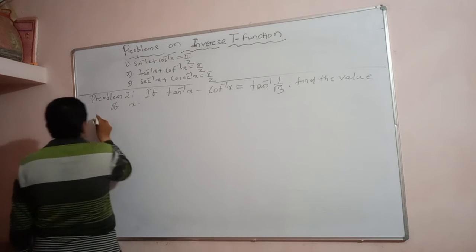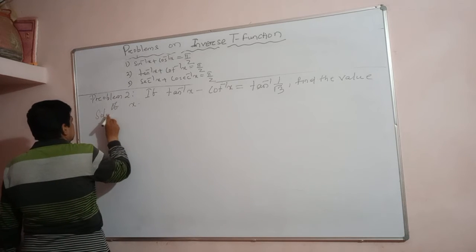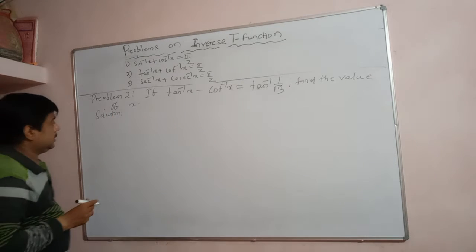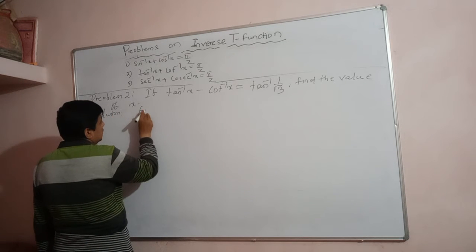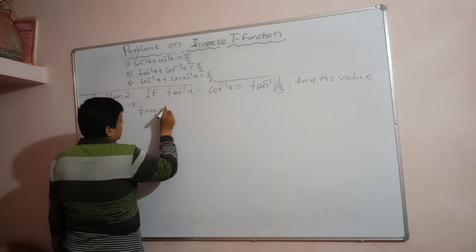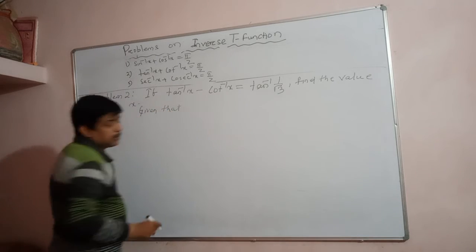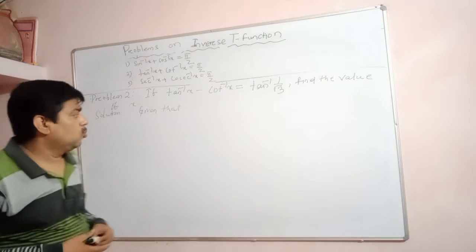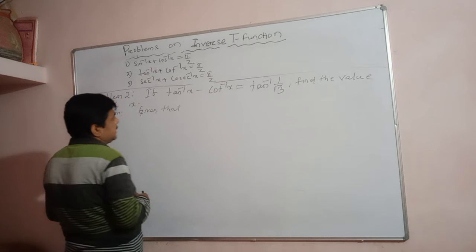Okay. Let us see. As given in this problem, the tan inverse of x minus cot inverse of x is equal to tan inverse of 1 by root 3.